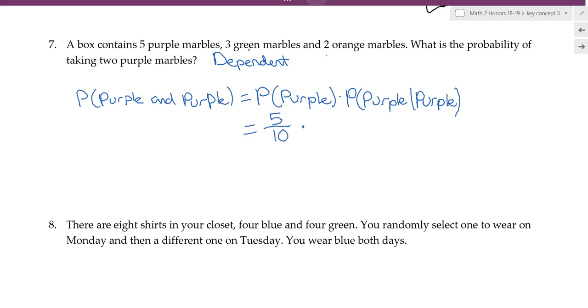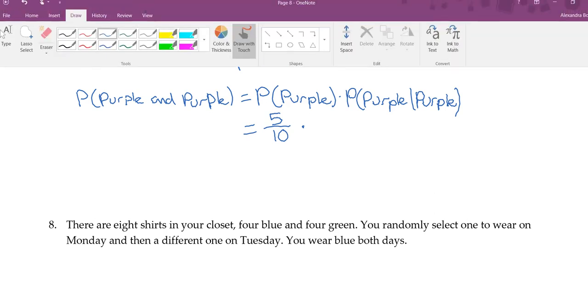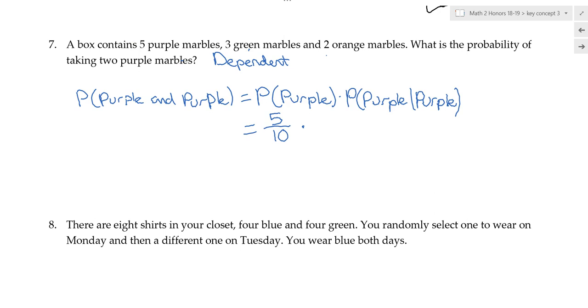Now, for the probability of purple given purple. I've already chosen a purple marble. One of my purple marbles is in my hand. Now I have 4 purple marbles out of 9 marbles. Right? So I'm going to reduce, that's 1/2.